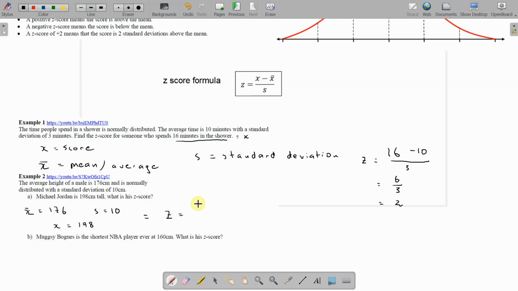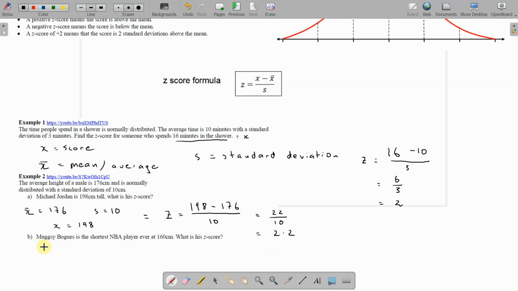His score, 198, take away the X bar average, 176, over the standard deviation, which is 10. Now what's that? 198 minus 176, that's 22, over 10 equals 2.2. That's Michael Jordan's Z score.